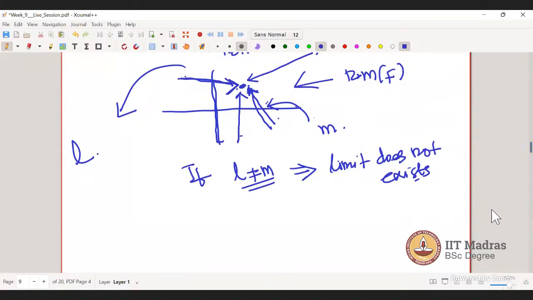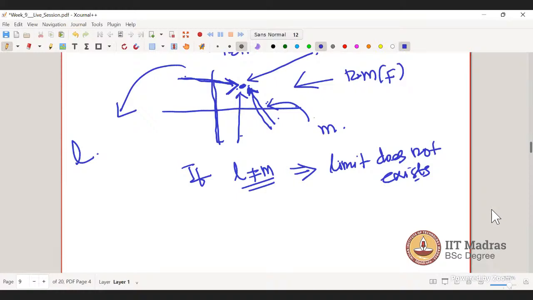That is why it's difficult. There is no particular method to find the limit of multivariable functions. Either you have to do a mathematical proof that the limit exists. By checking the limits along different directions, you cannot say that the limit exists, because there are infinitely many directions.